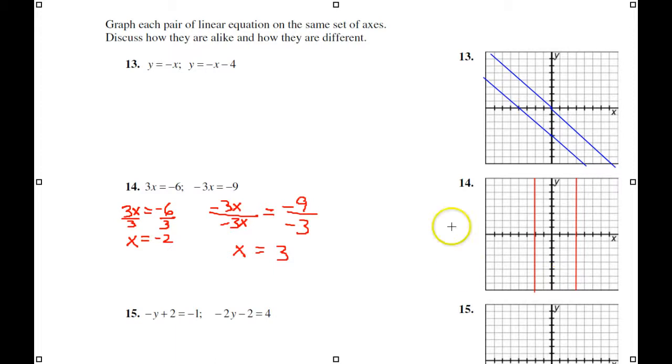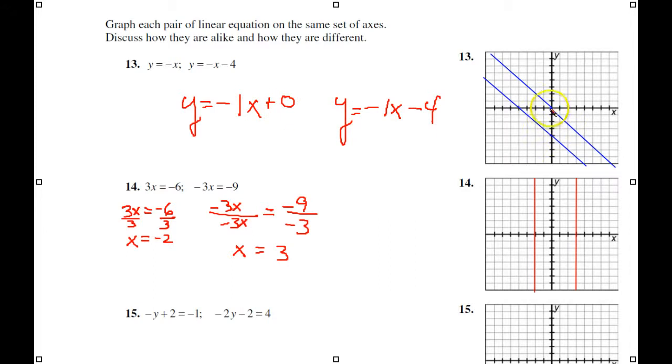So in graphing these, notice they both were y equals a negative 1x, and this had a plus 0, and this was y equals a negative 1x minus 4.